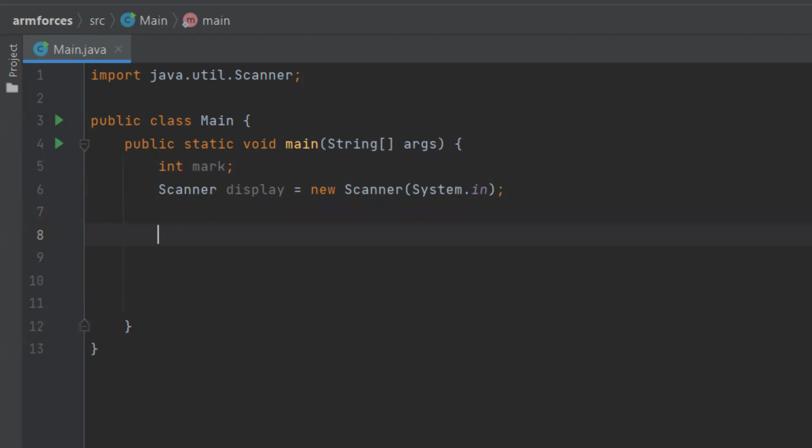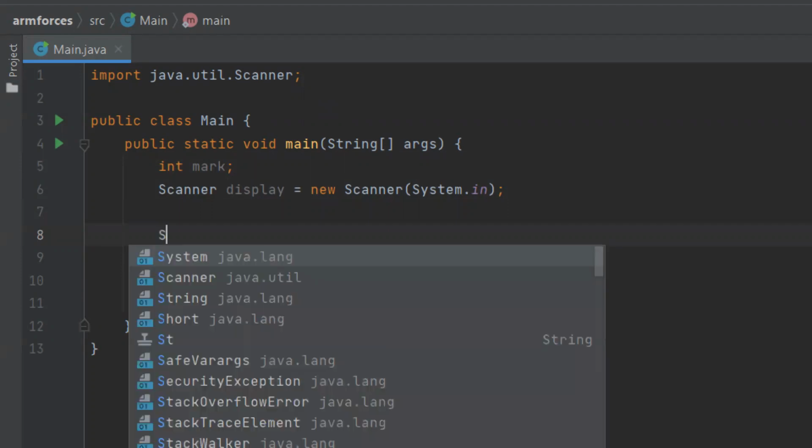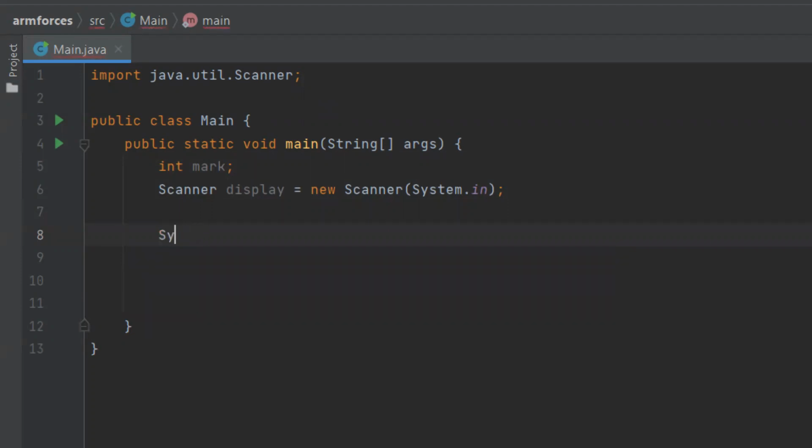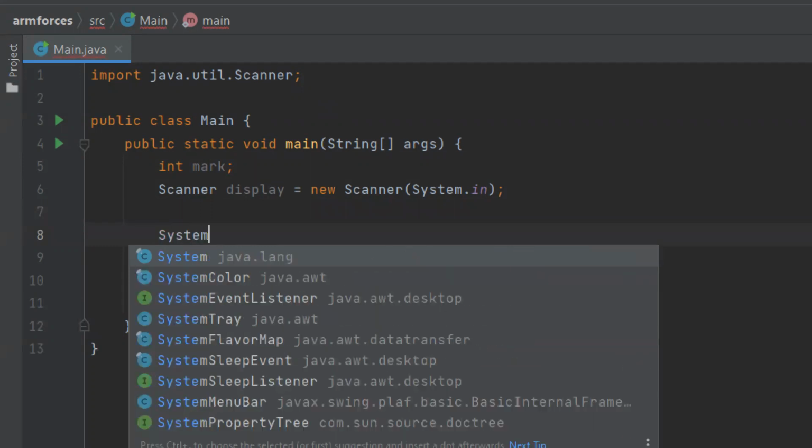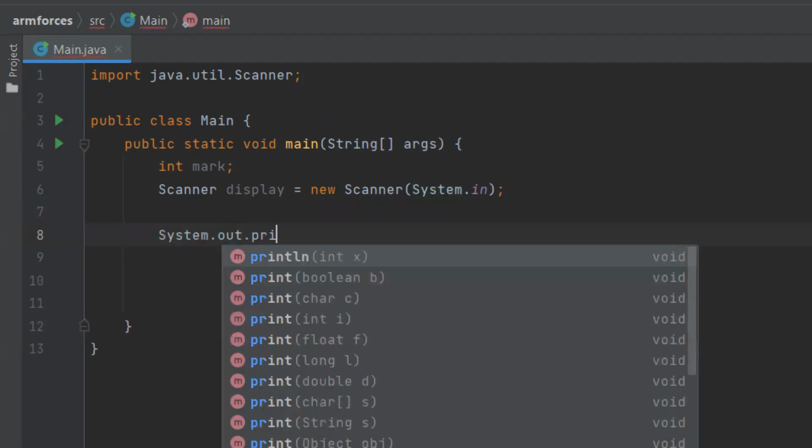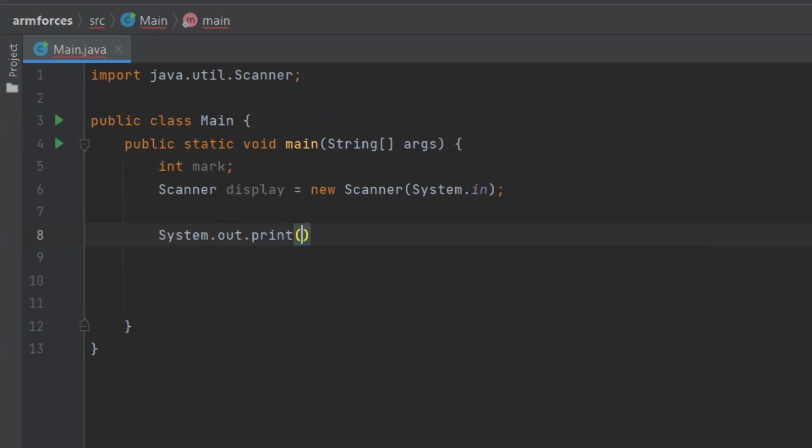Of course, the Scanner class needs to be there because I need to ask information from my user. Is that okay? Now here, System.out.print, please enter mark.